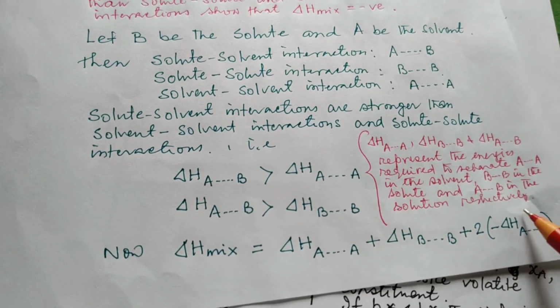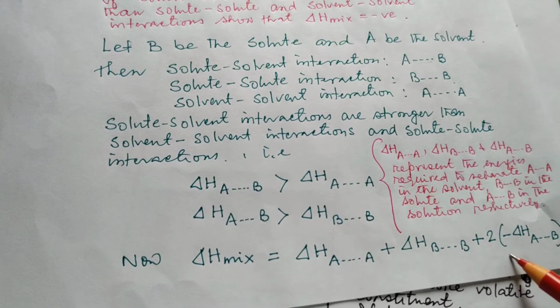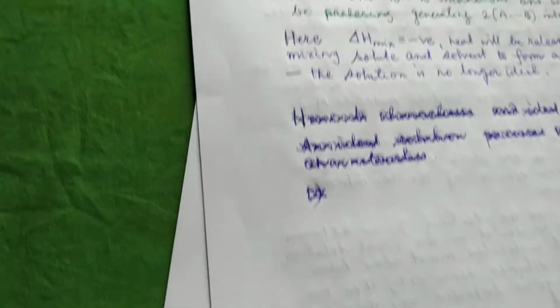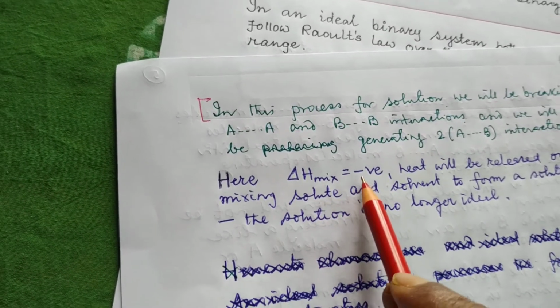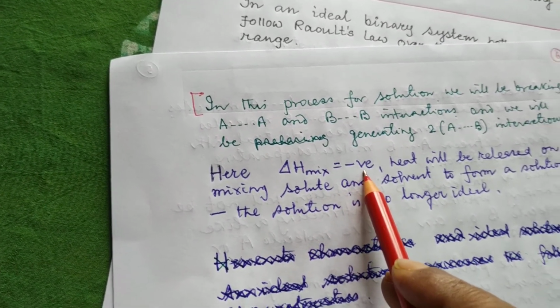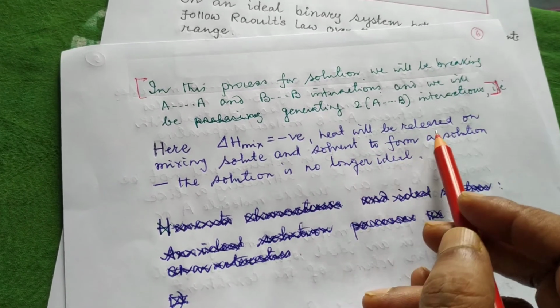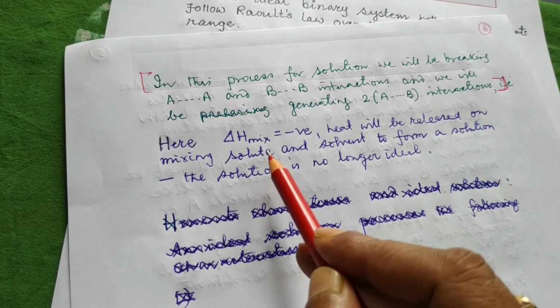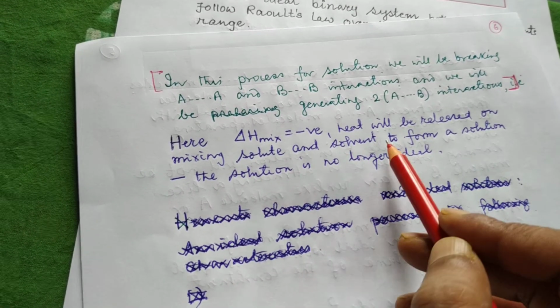This means there is a generation of AB, which is an exothermic process. Hence, delta H mix must be negative. Heat will be released on mixing solute and solvent to form a solution.